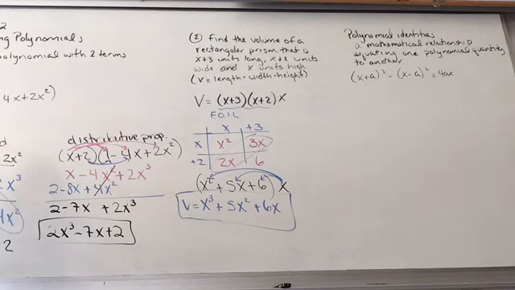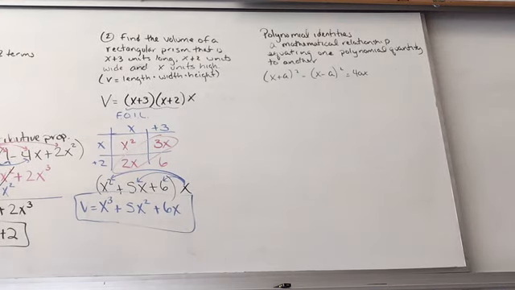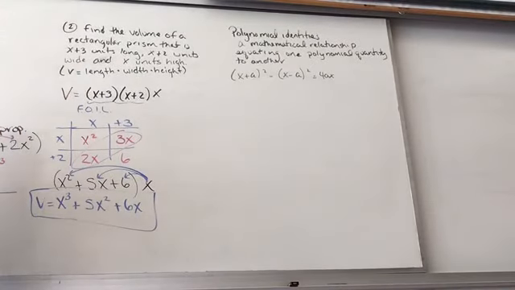The last little thing we need to talk about with multiplying is polynomial identities. This is a mathematical relationship equating one polynomial quantity to another. What we want to do here is verify. They're already telling us that they're equal, but we need to verify that that's really true before we use it.